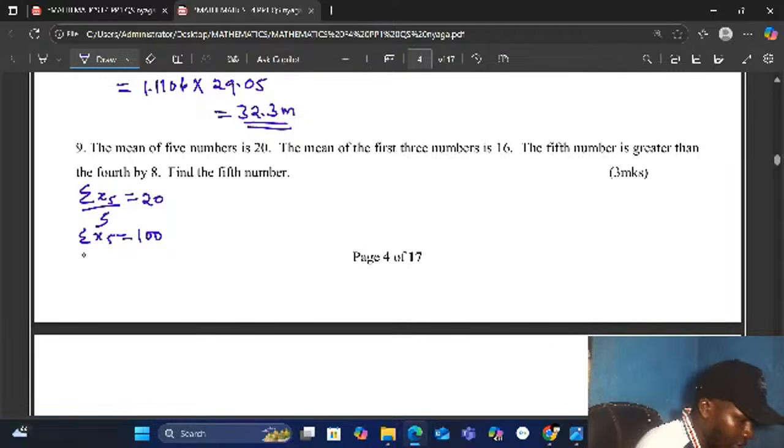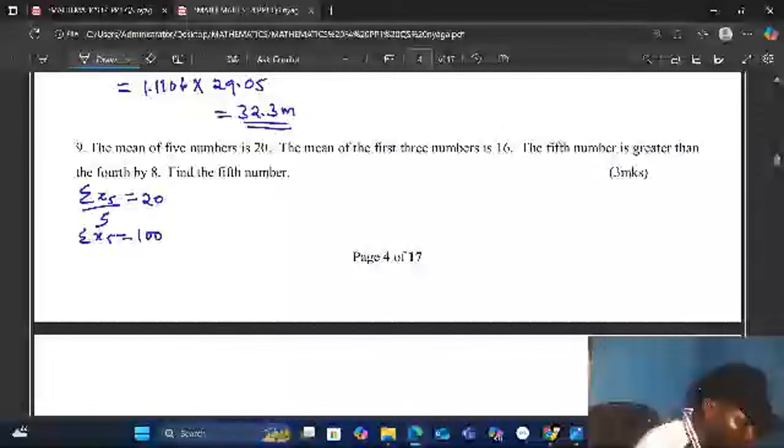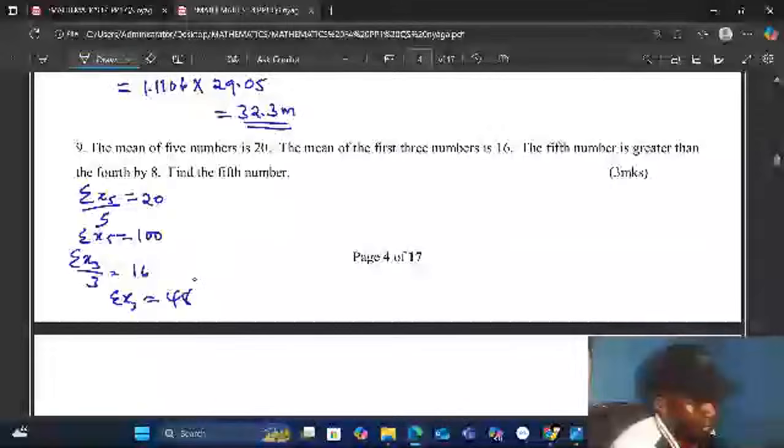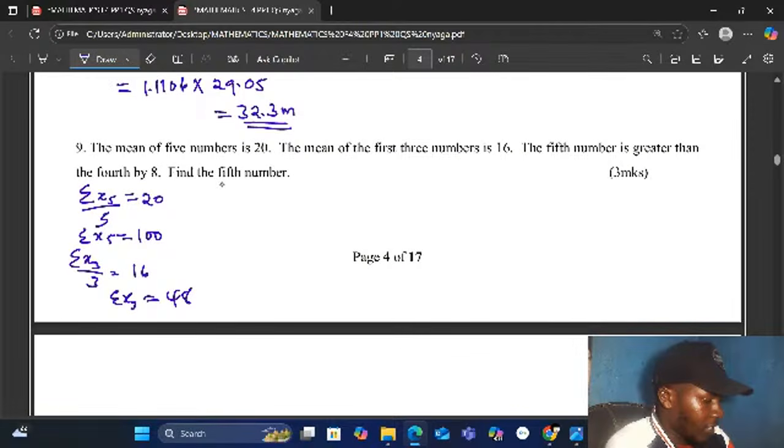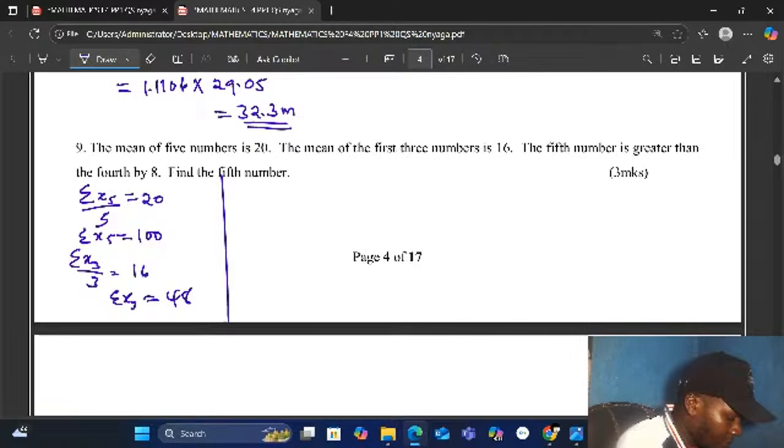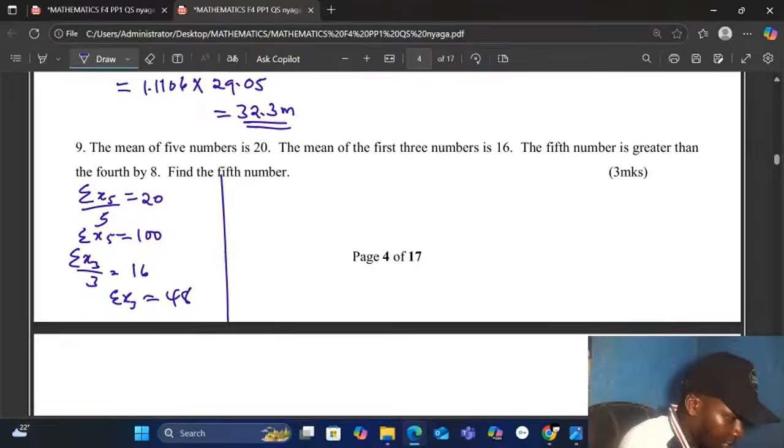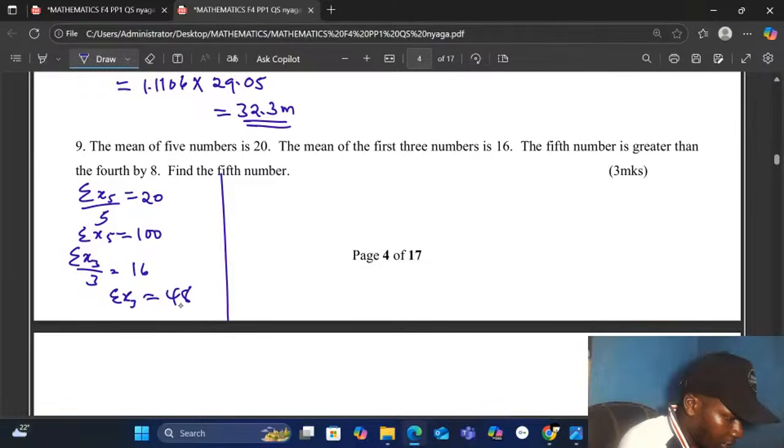Then they're saying that the mean of the first three, we shall divide by 3, equals 16, so the sum of the first three is 48.